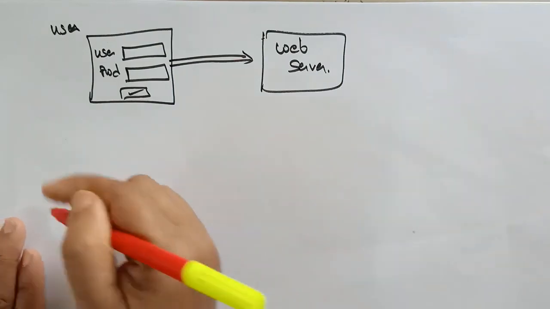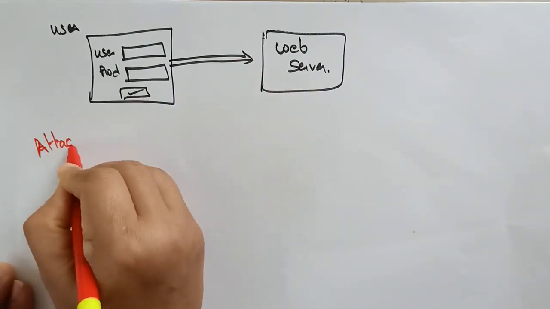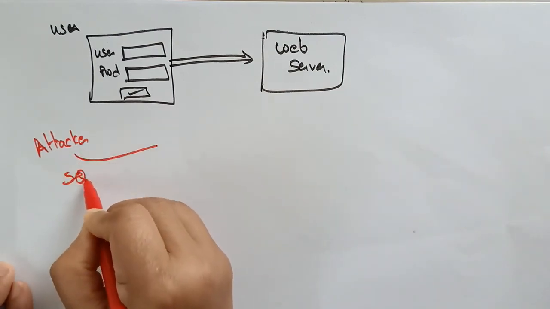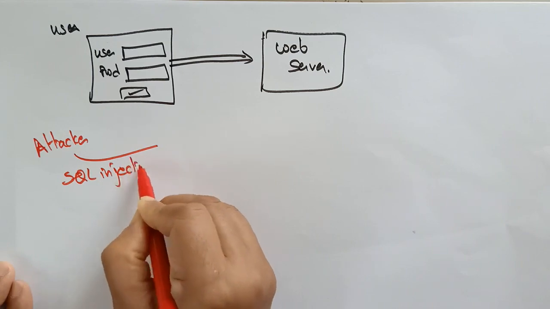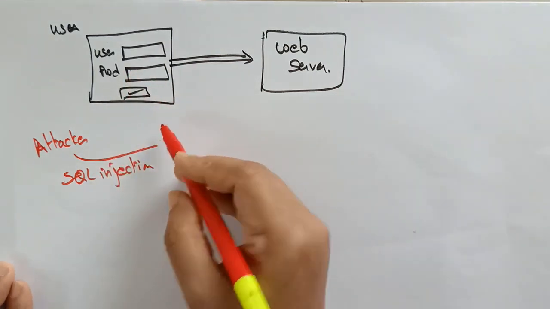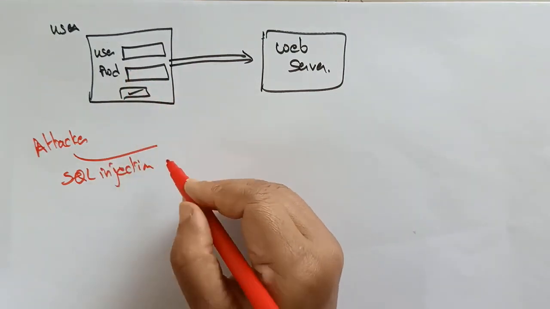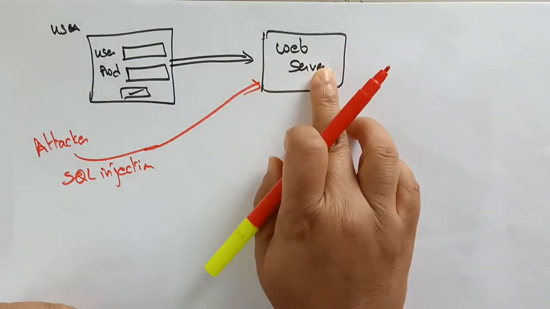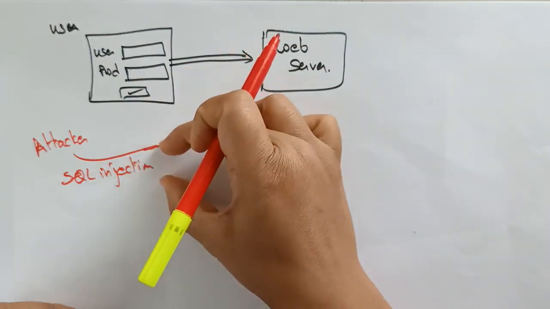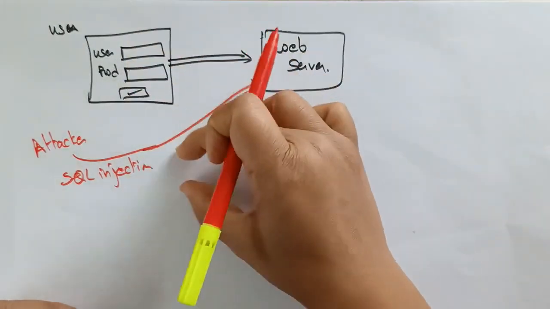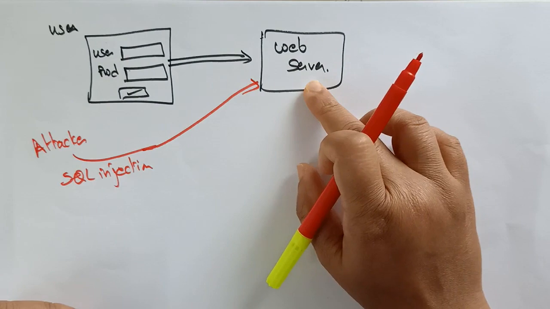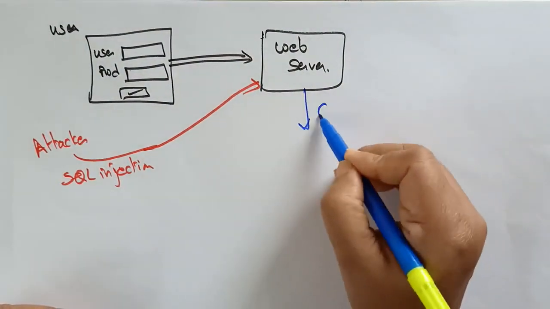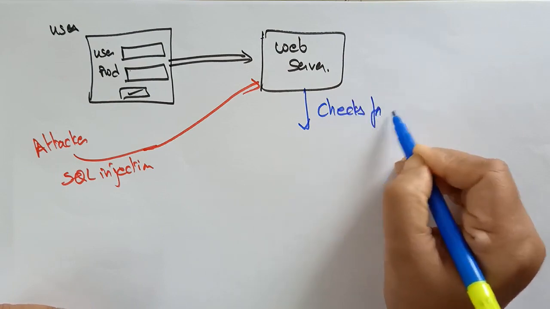Now what is the attacker doing? The attacker is doing the SQL injection. Whatever statement he has is in the password field, so a malicious code is injected and he is trying to access the web server. It matches with the username and the password, and the web server checks for the correct password.